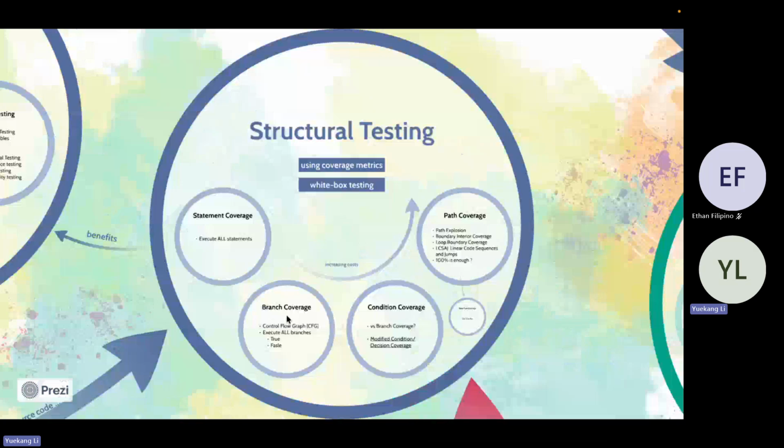And then we started to learn structural testing. So structural testing is also known as white box testing. So we have access to the source code of the program. And because we have access to the source code, we can count our test coverage. And structural testing is all about using different coverage metrics.